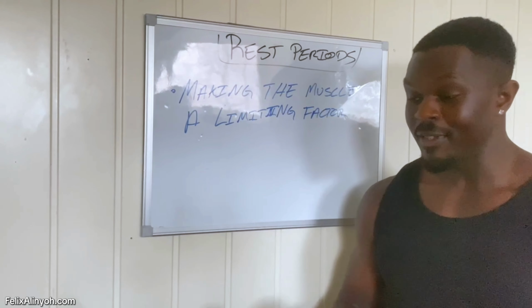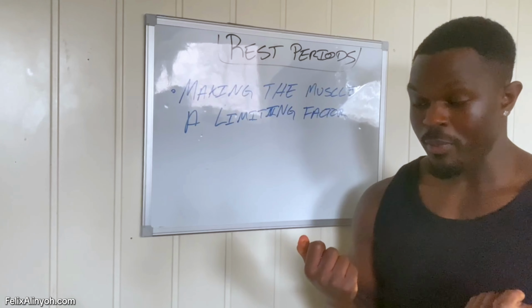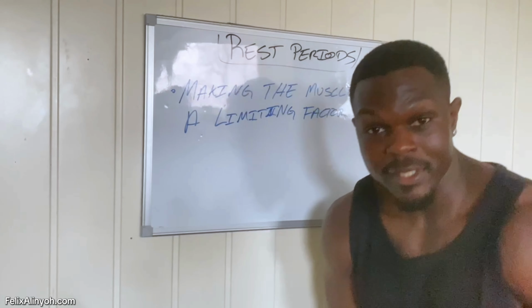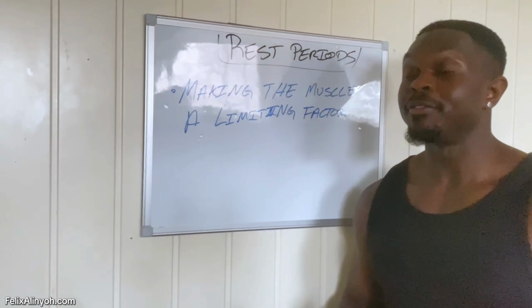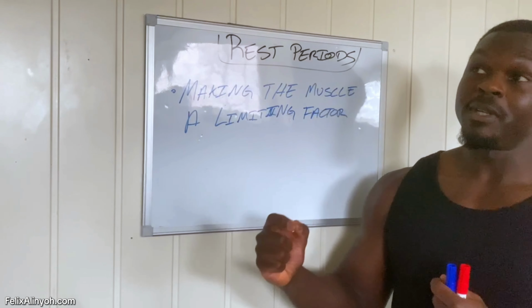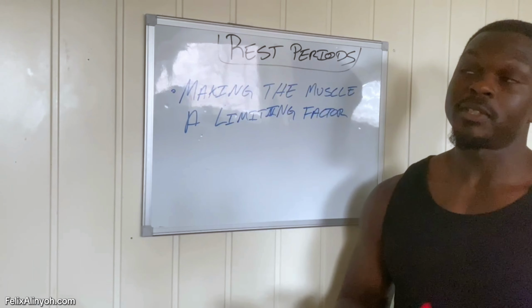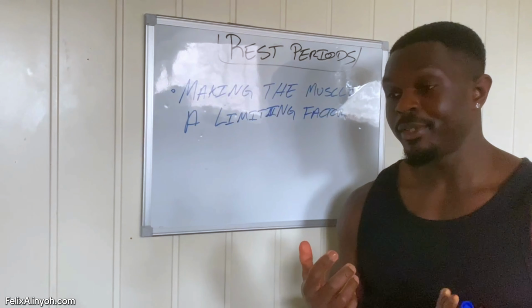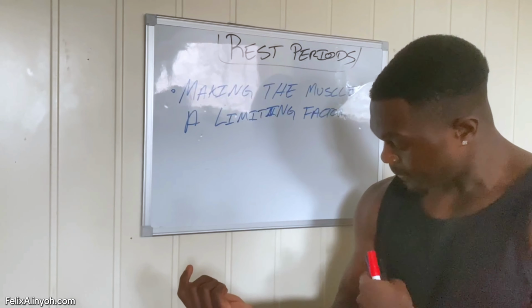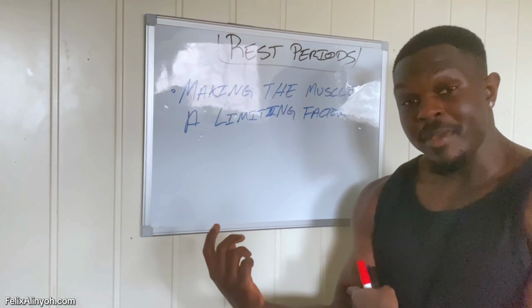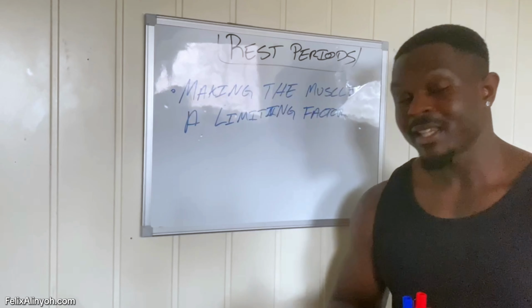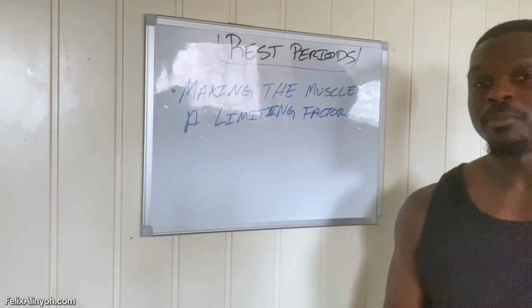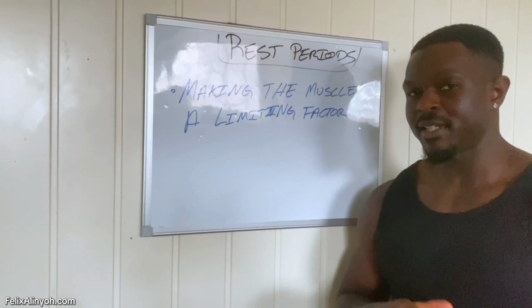We're not doing these reps to where we're literally on our knees like, oh my God, I'm dying from this set. You want to make the muscle the limiting factor, not everything else. Your heart rate's going to go up, but it's not like we're trying to do cardio out here. All we're doing is focusing on the bicep and making it tired during that set. That should be the limiting factor when it comes to rest periods, not a certain amount of time.